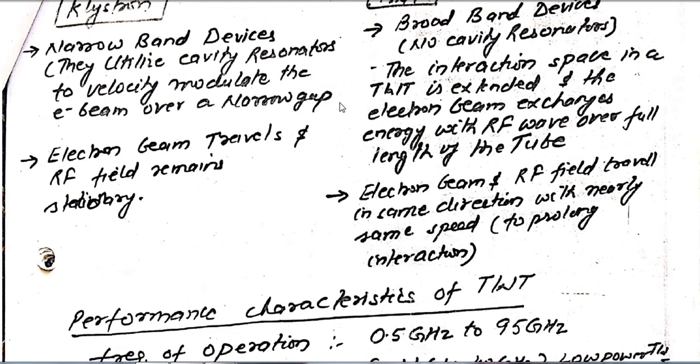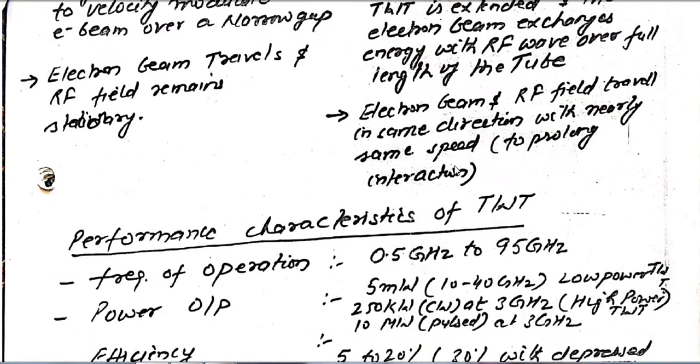So it differs from the Klystron, in which the electron beam travels and the RF field remains stationary. Here both the RF field and the electrons are traveling in the same direction and with almost the same speed.